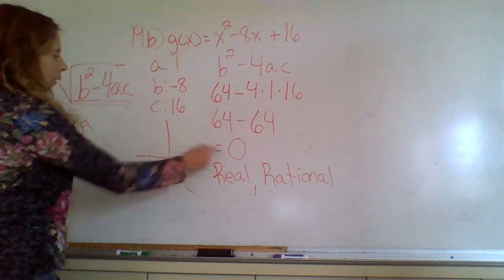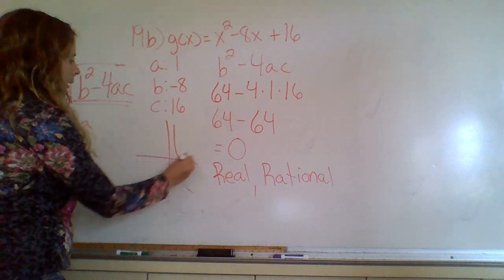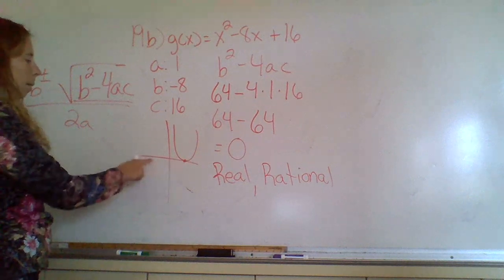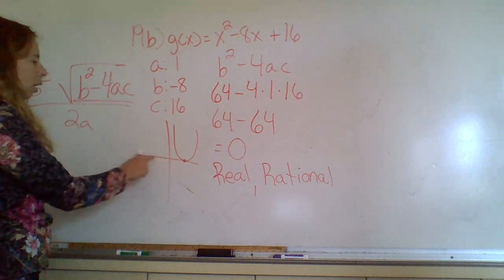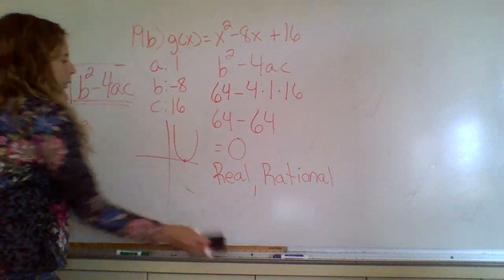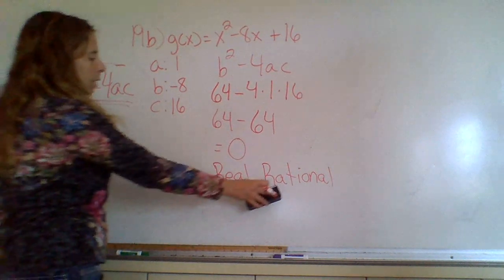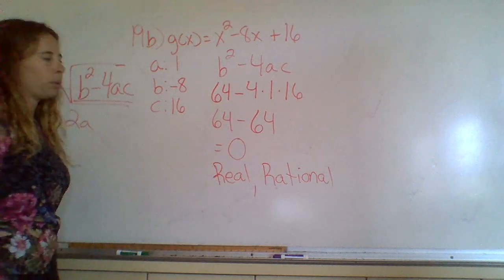If you get 0, that means your parabola has a vertex on the x-axis. It might not be over here, it might be over here, but you have a vertex on the x-axis. So it has one repeated root. Okay, but it is rational. 0 is rational.